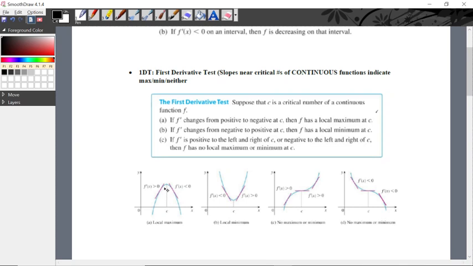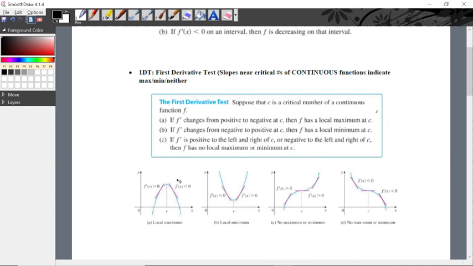Okay, so we want to test to the left and the right of our critical number, and if we find that the first derivative is positive to the left of our critical number, but negative to the right of our critical number, well then analytically that means that the function would have to be increasing and then decreasing around that point. And since it must be continuous, we'll put those pieces together and say, well, that means there must be a local maximum there. Okay.